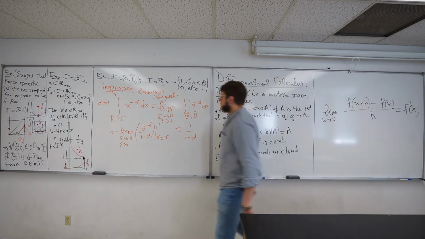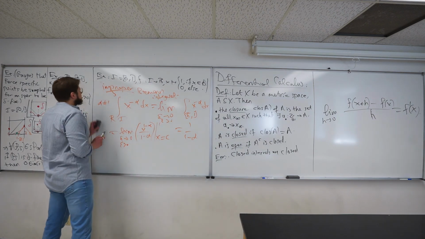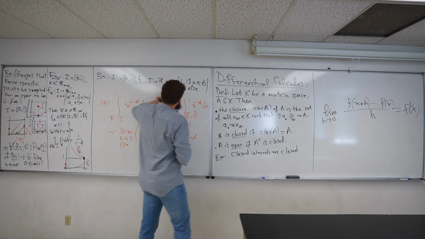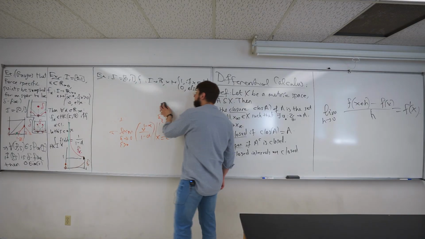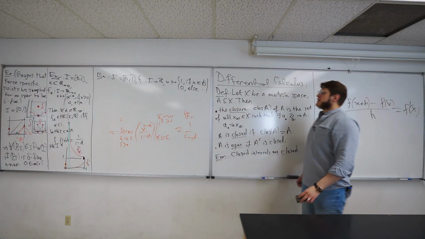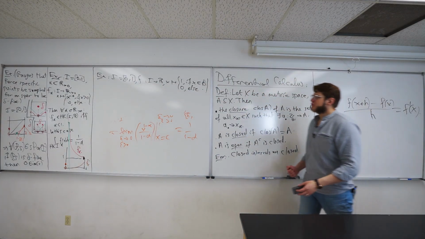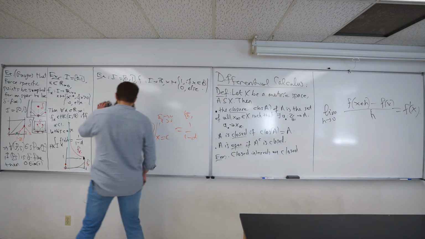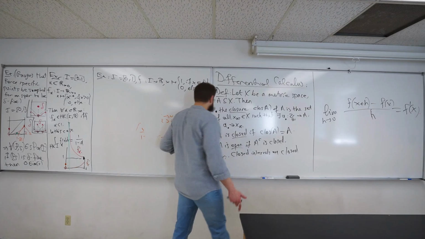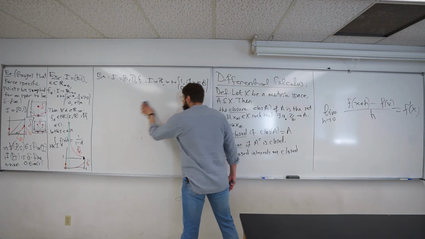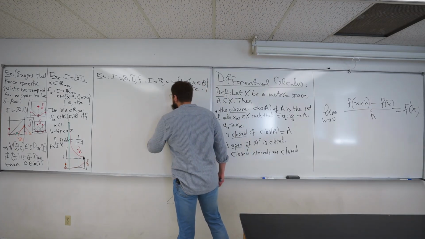Okay, what I want to do is I want to give this example. Now, remember, this is the essential example of a bounded function that fails to be Riemann integrable. Earlier, we talked about how this is not Riemann integrable because its upper Riemann integral is 1, and the lower Riemann integral of it is 0.